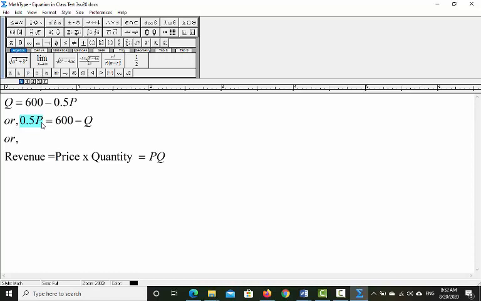If we multiply by 2, 0.5 multiplied by 2 is 1P, that means only P, right?